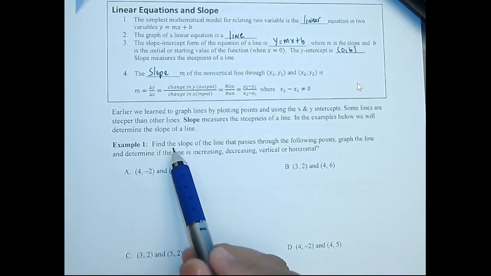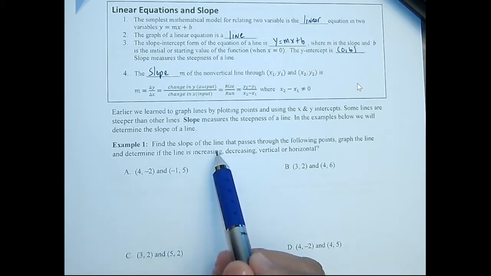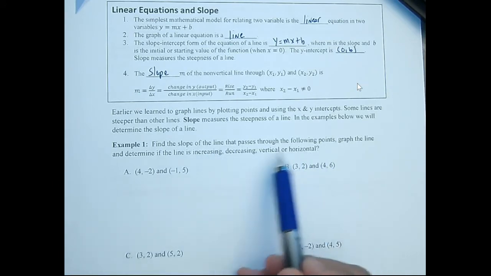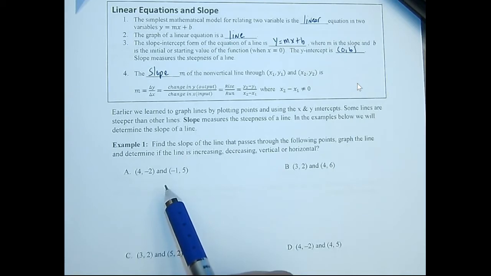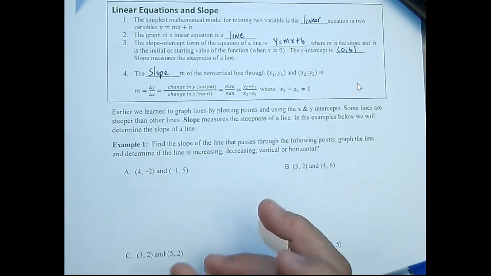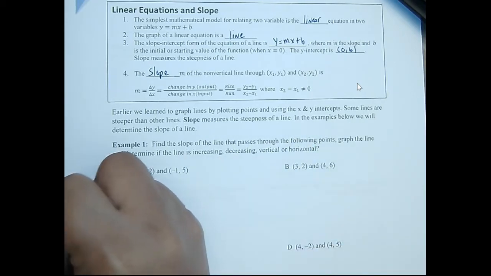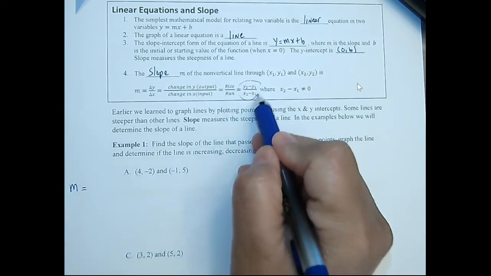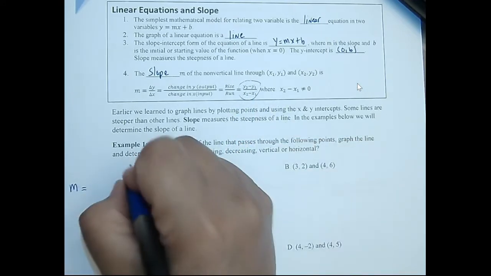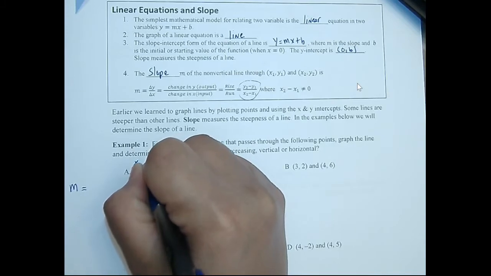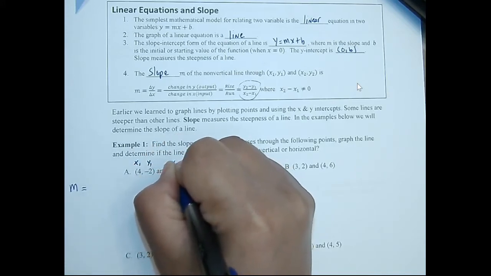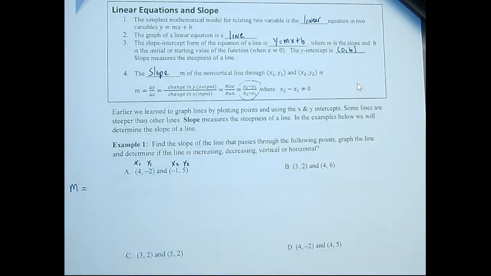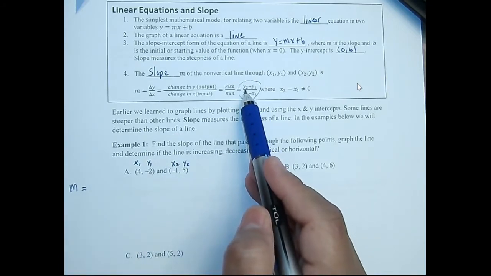First, let's look at finding the slope of the line that passes through the following points. Once we find the slope, we want to determine if the line is increasing or decreasing. Using this formula, we can find the slope. So these numbers are x1, y1, x2, y2. The formula tells me that we're going to subtract y2 minus y1.